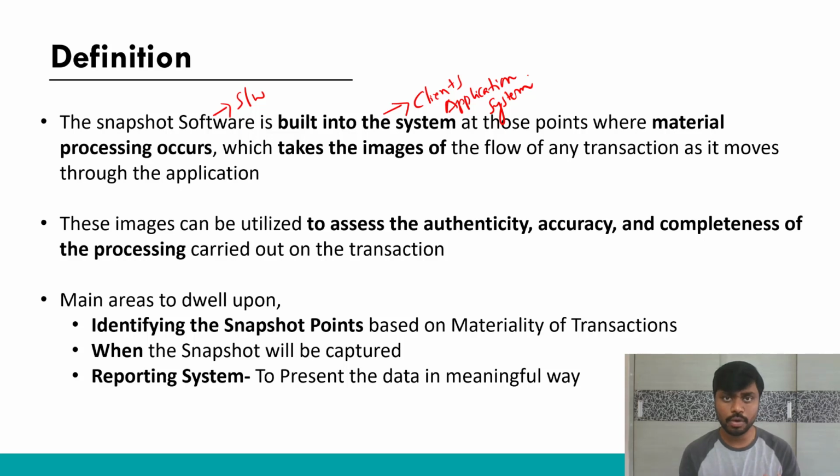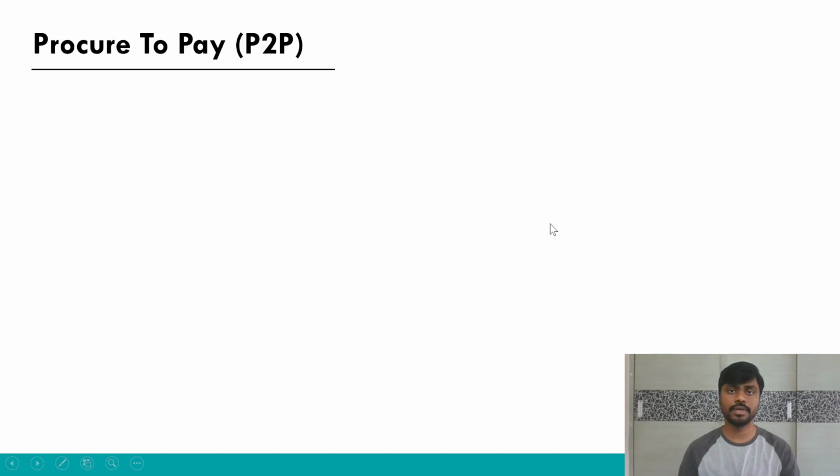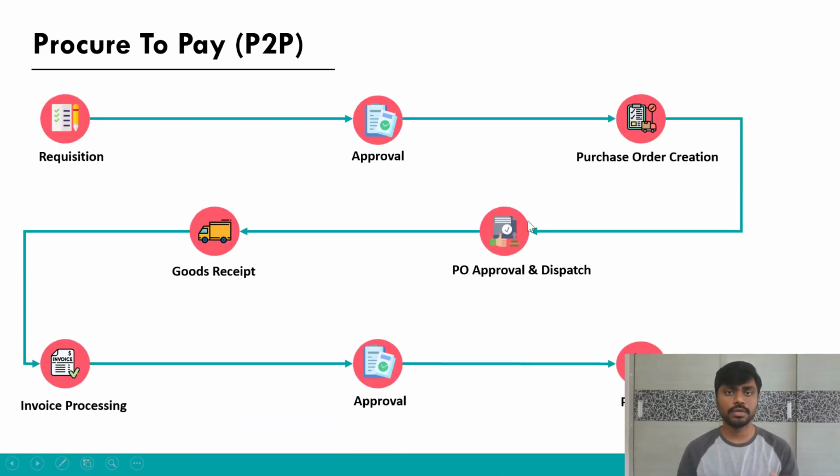Okay, so this is about the theory part. Let us take a practical example and understand how this snapshot tool can be leveraged. For our example's sake, I have taken a procure to pay flow. I think in chapter number 1, automated business process, you would have already gone through the P2P flow. This is how it looks.